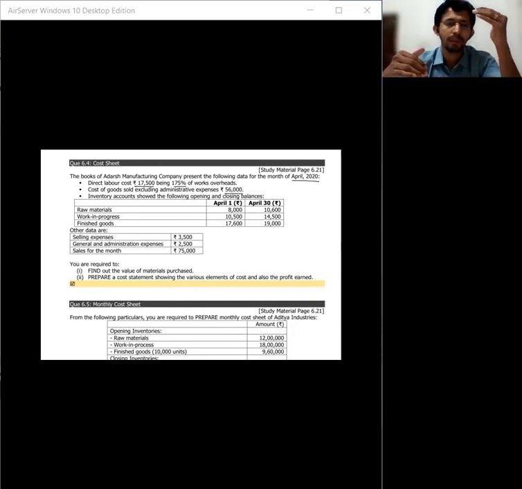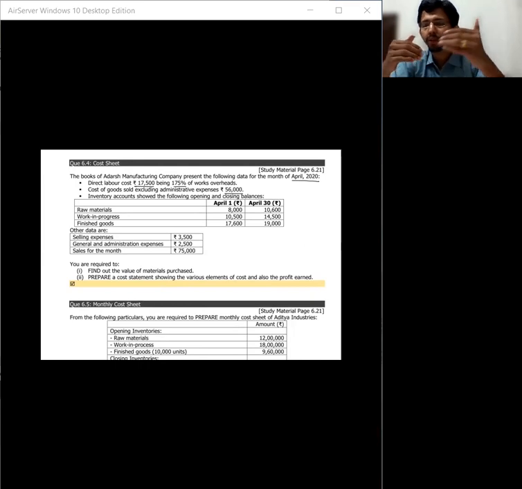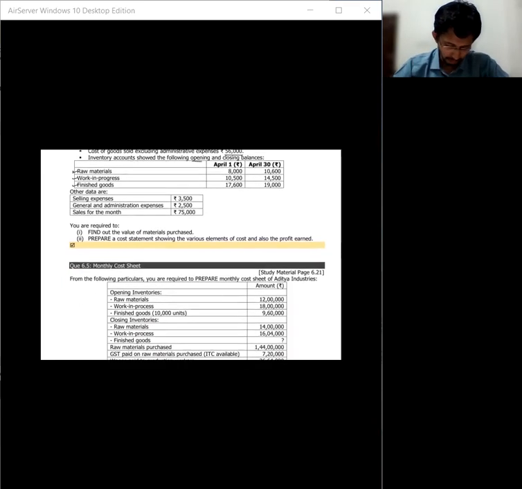In the format of the cost sheet, once we have computed the cost of production, then what do you do? You will adjust the opening inventory and closing inventory of the finished goods, and what you get is the cost of goods sold. And that cost of goods sold is given to be 56,000. And closing balances: the opening inventory as on 1st April and closing as on 30th April are also given. You know the amount of raw material, work in process, as well as the finished goods.